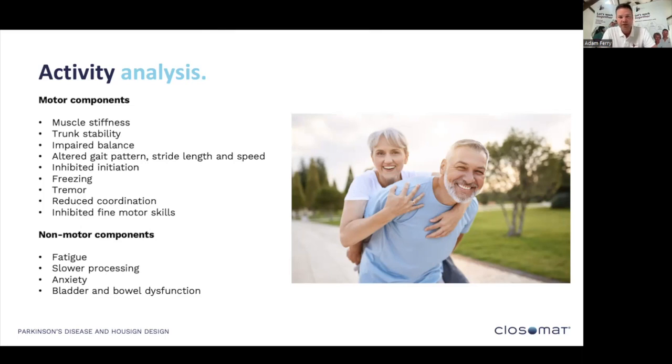Inhibited initiation, so that ability to initiate a task, and I certainly see that a lot. So particularly in something like standing, the person might get to a certain angle or a certain standing posture and then not be able to initiate the next step or initiate the next task. And that's not in the same way that you might have neurologically from a stroke, where it might be about the brain understanding what comes next.